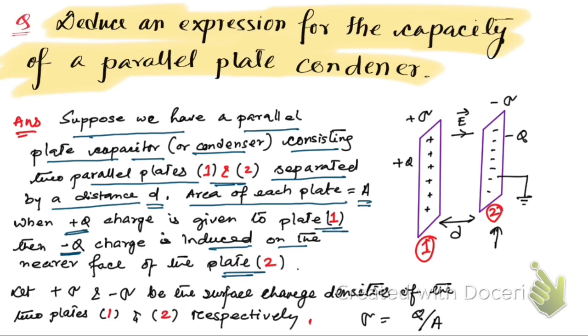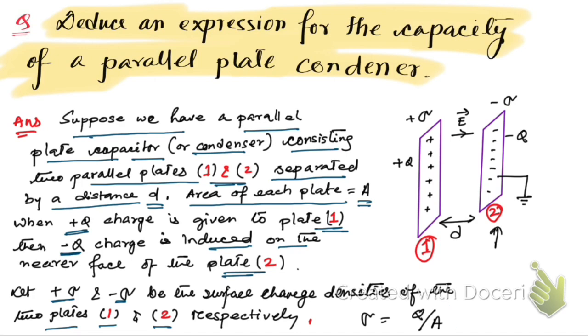We have taken positive and negative sigma to be the surface charge densities of plates 1 and 2 respectively, where sigma is given by Q by A, the charge per unit area.